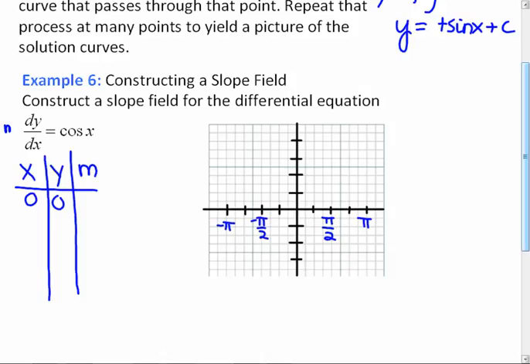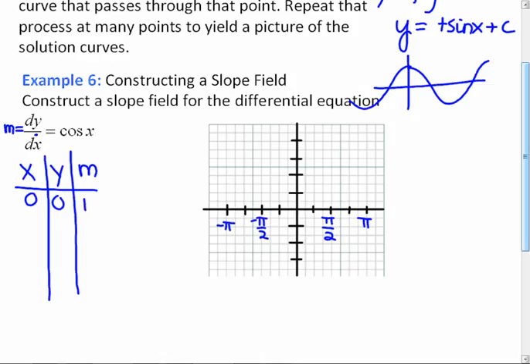Remember, dy/dx is the slope. It's the cosine of 0. Now, I better draw a cosine curve so we get this right. Is it 0? Is the cosine of 0, 0? No, it's 1. So the slope at the origin is the cosine of 0, which is 1.